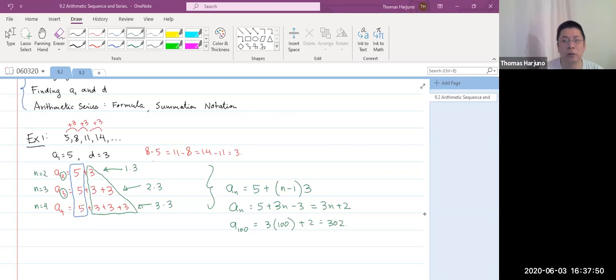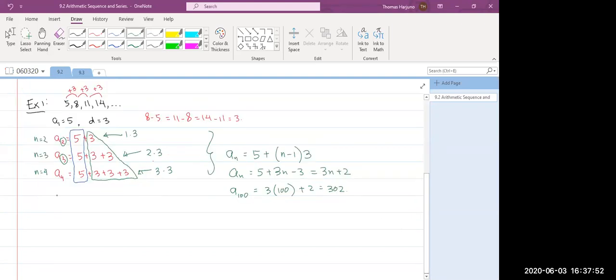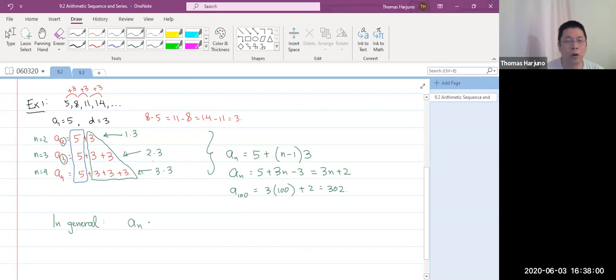In general, the nth term of an arithmetic sequence is a sub 1, the first term, plus 1 less than n times d. That's in general.